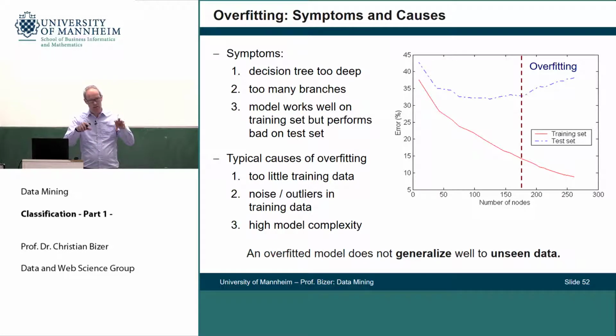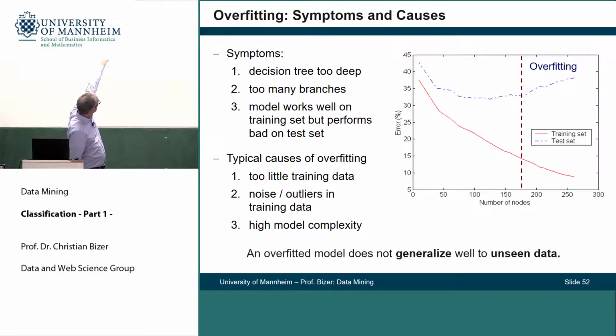So basically, we look at the training data, and for each specific pattern in the training data, we add nodes to our model. To a certain degree, adding these nodes to the model also helps for the general case, helps for unseen records, helps for our test set.